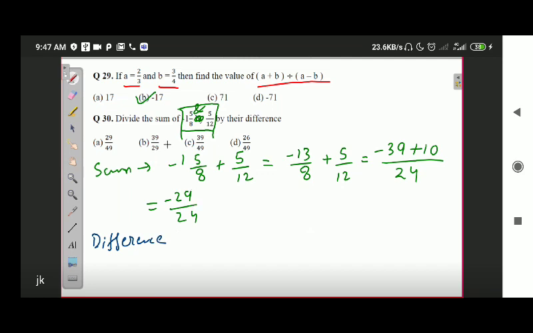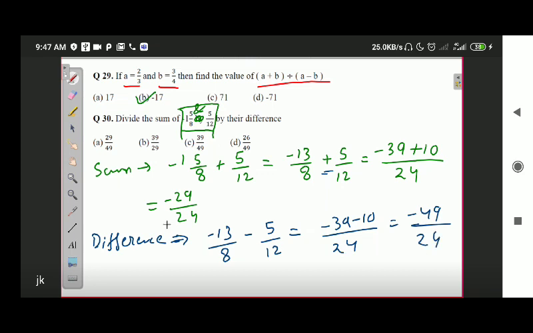Difference will be minus 13 upon 8 minus 5 upon 12. This will be the difference. You change the sign in between. Okay. Once again, LCM is going to be same, and minus 39 plus, sorry, this time it is minus 10. This will be minus 49 upon 24.